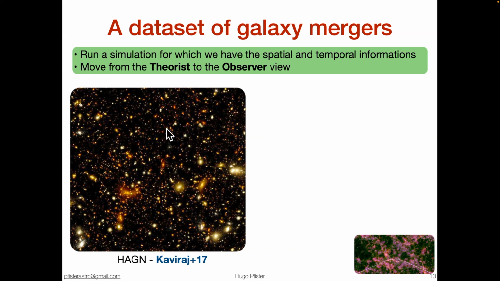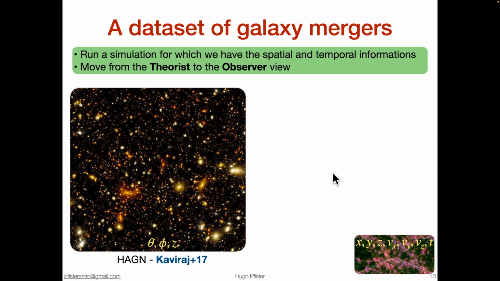So this is how the sky would be if we were living in this universe. So this is not a real image. The goal is to move from the theory view, where you have access to X, Y, Z, being the position, Vx, Vy, Vz, being the velocities, and time, to the observer view, for which we have access to theta, phi, the two angles, and z, which is the redshift.